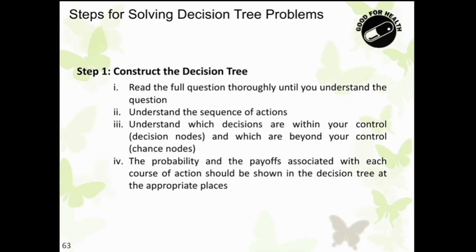In fact, it can be put as understanding where we need to draw the decision nodes and where we need to draw the chance nodes. And the fourth point is writing the probability and the payoffs associated with each course of action appropriately. All the payoffs and the probabilities should be appropriately listed in the decision tree.